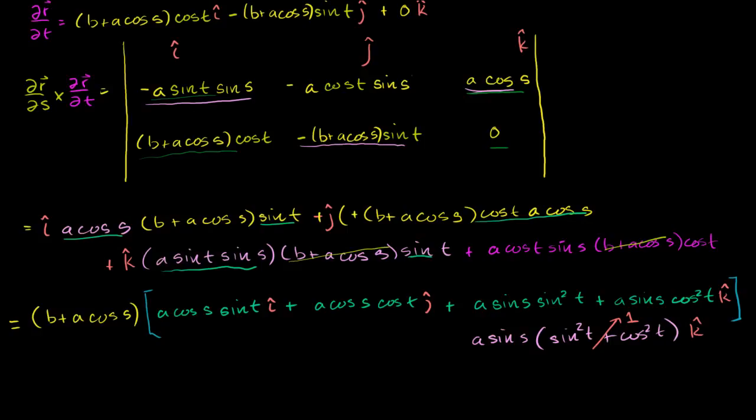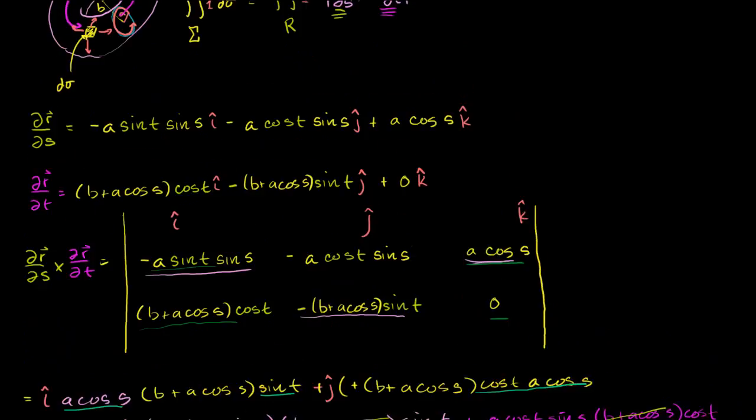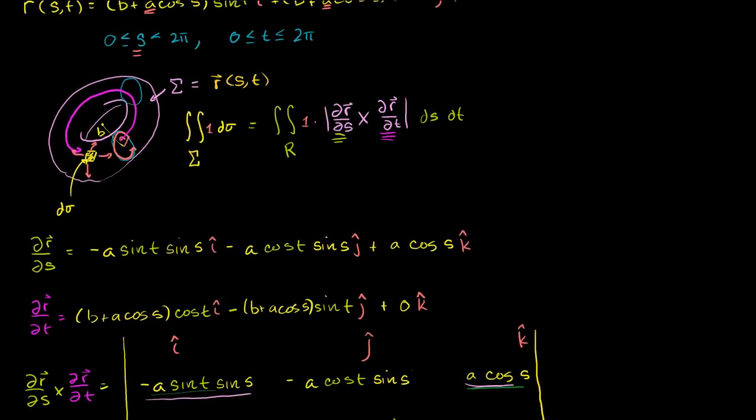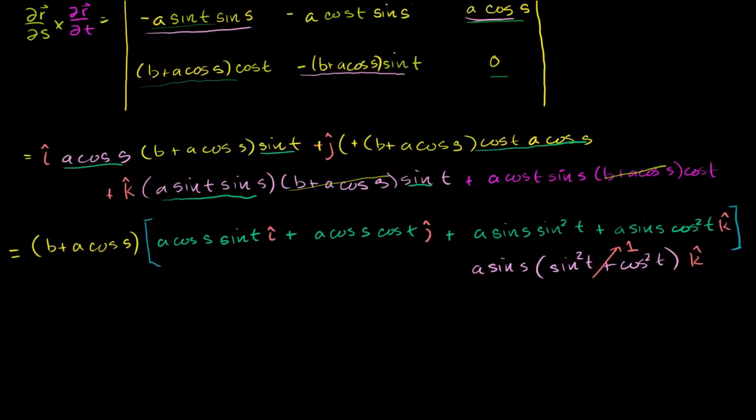So far we've gotten pretty far. We were able to figure out the cross product of these two partial derivatives of our original parameterization, before we take the magnitude of it. Let me rewrite it neatly, and we'll use this in the next video.